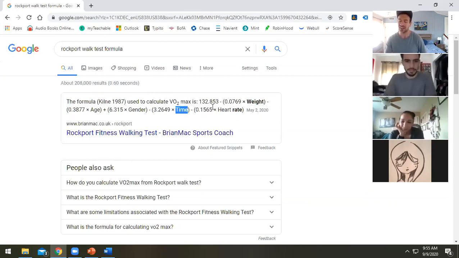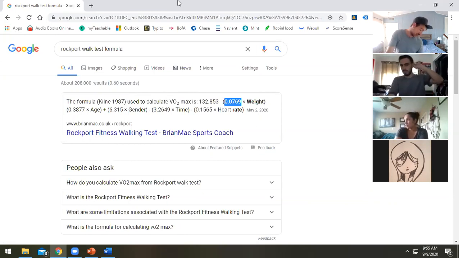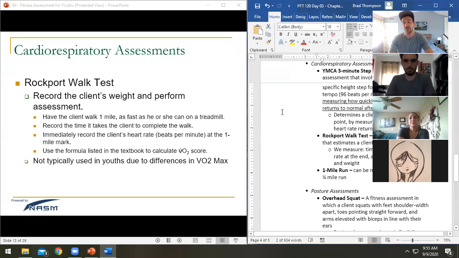It's cool, you know, it can tell you your VO2 max, or at least estimate it, assuming that all of these numbers are accurate. But maybe they're not. Honestly, the best way to calculate VO2 max is to do a VO2 test and breathe into a machine while you're on a treadmill. But it's not bad.